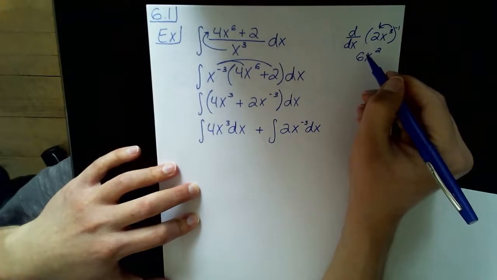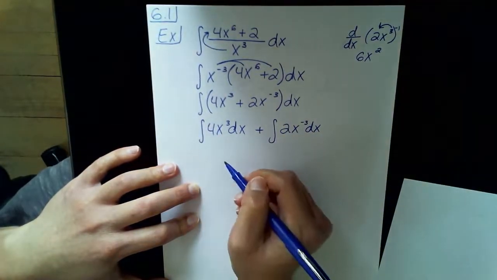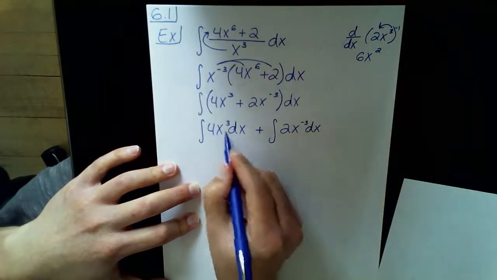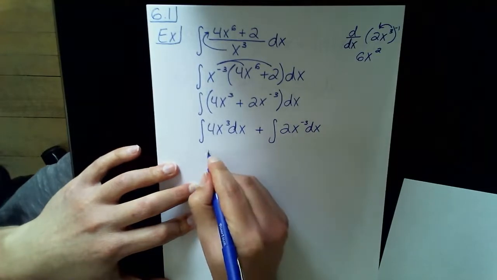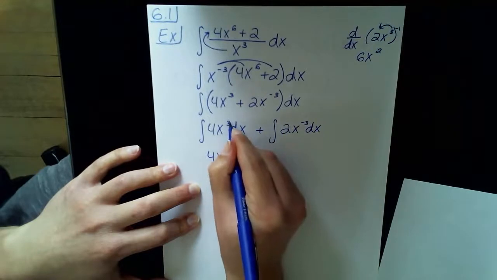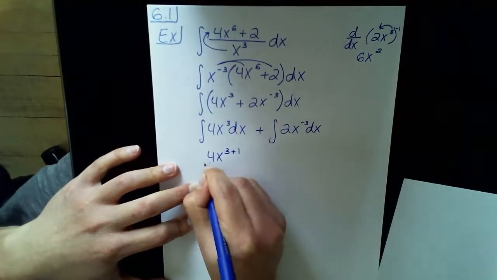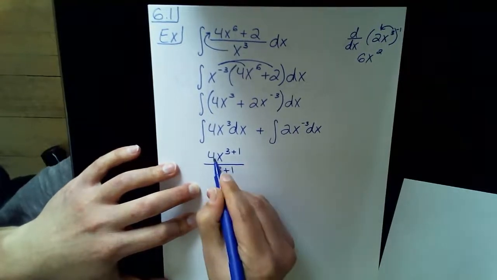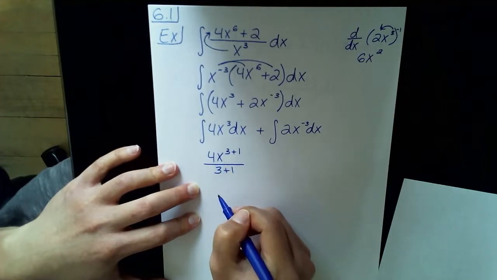We don't have to take this 2 and this 4 out of the integral. You can, but it's not necessary. You can leave it right where it is and take your antiderivative, meaning 4x to the third, to find its antiderivative, remember we add 1 to the exponent, and then we divide by the new exponent, and that 4 is just staying multiplied to the x as it started in the problem.